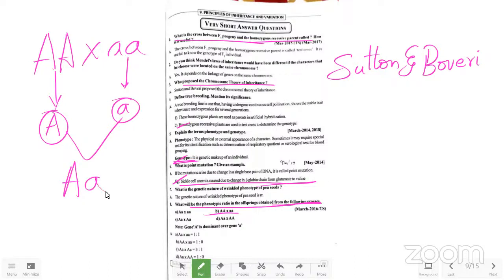That is, all are dominant. Okay, only dominant phenotypes we can see. That is 100% dominant. Otherwise, all dominant.